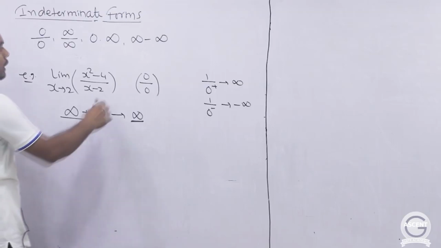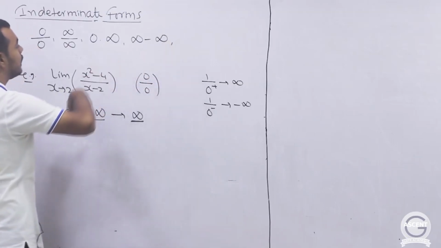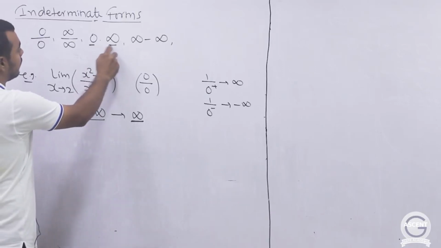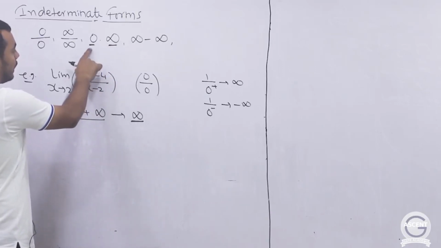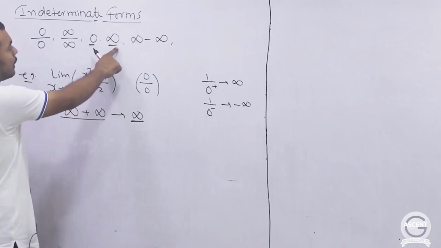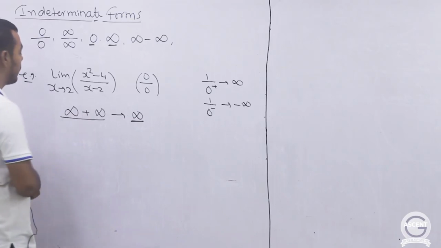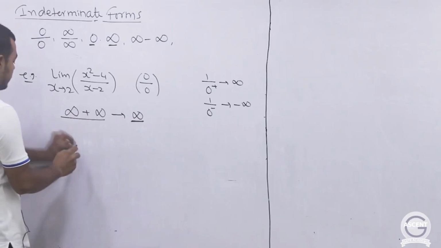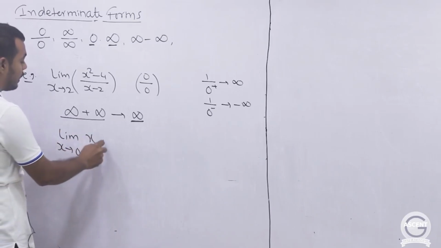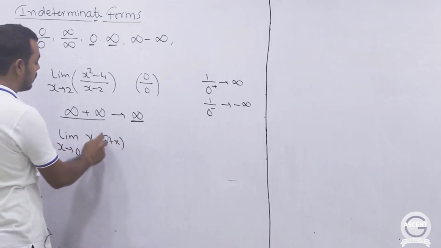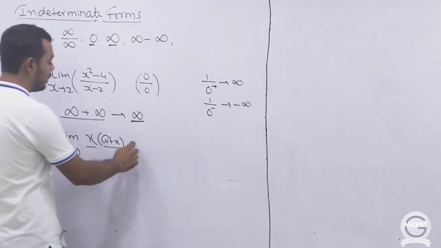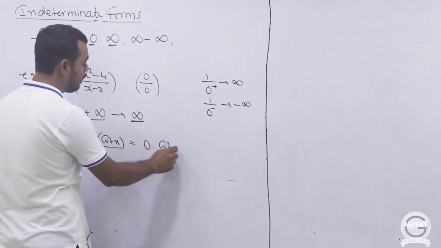There are 3 other indeterminate forms, but another thing that you have to keep in mind is that these are not exact numbers, okay. When I write 0 into infinity, it means one part is approaching 0 and another part is approaching infinity. For example, suppose I write limit x tending to 0, x into cot x. Now if I place x equals 0 here, then I will get 0 multiplied by cot 0.